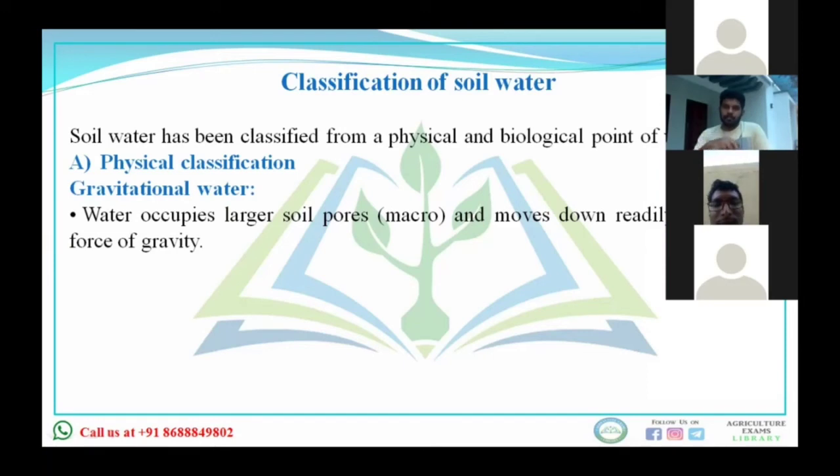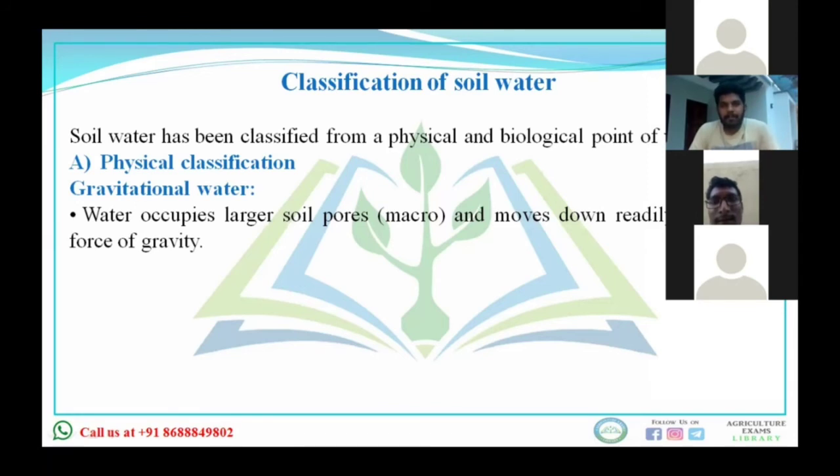It means gravitational water occupies the macropore and moves under gravity, as you have seen during percolation the water moves down to the groundwater. It is water occupied by the macropore that moves under the force of gravity, right?